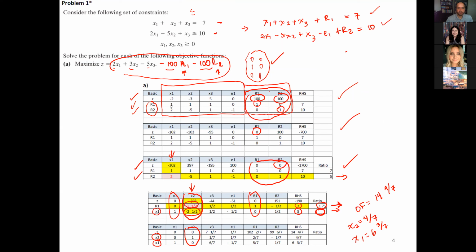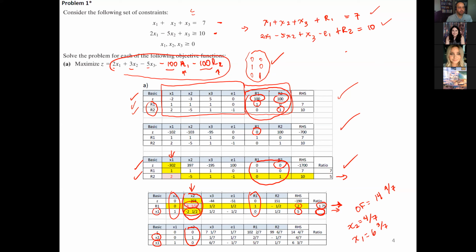So the artificial variables, remember, they are not part of the original problem. The artificial variables are just there to help you find an initial solution. So after you have done that, your goal is to take them out of the problem as soon as possible. After you find that initial solution, the purpose of the artificial variables is completed.